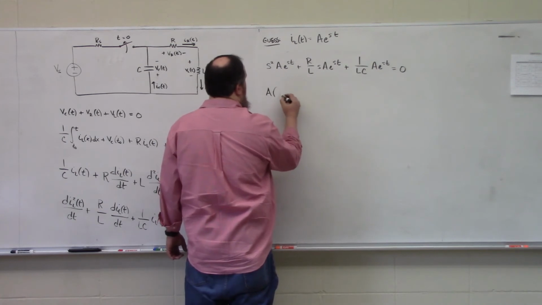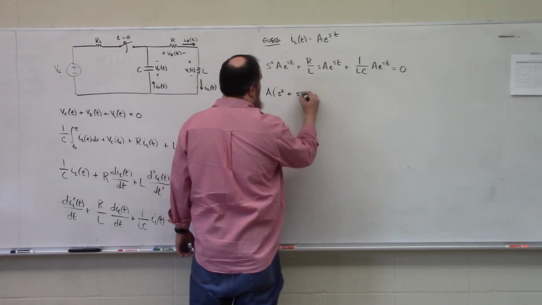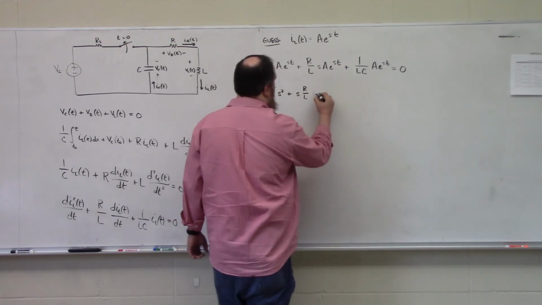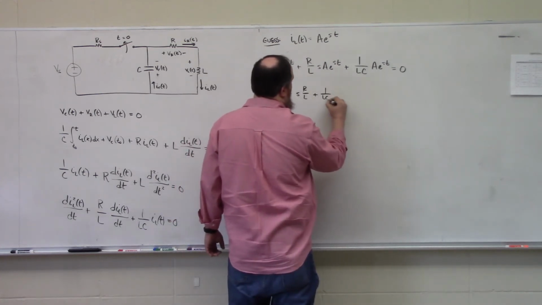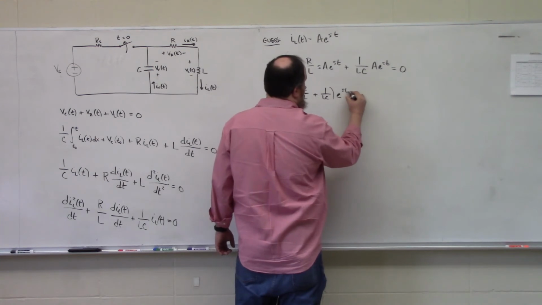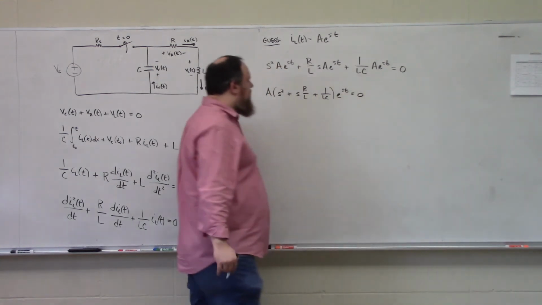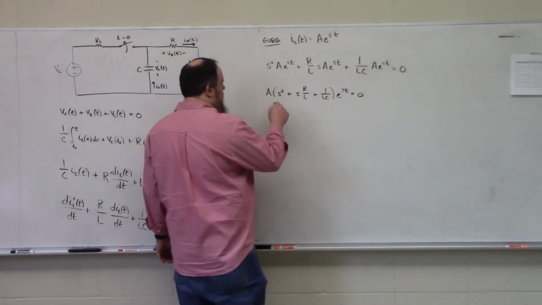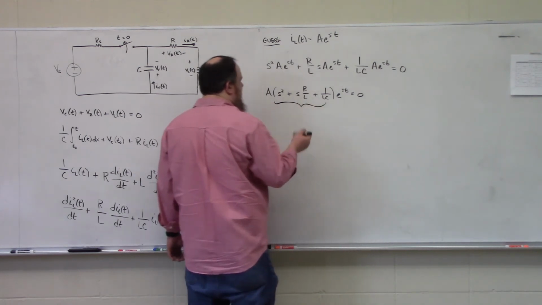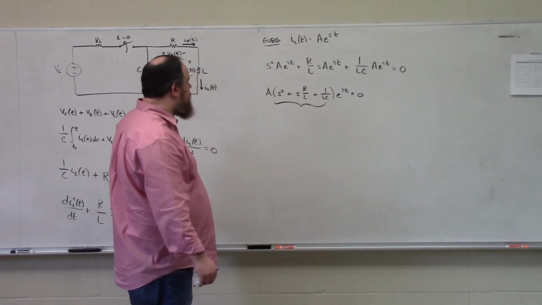Factoring, A multiplied by s squared plus s times R over L plus 1 over LC, e to the st is equal to 0. And again, we have the second order polynomial as our characteristic equation.